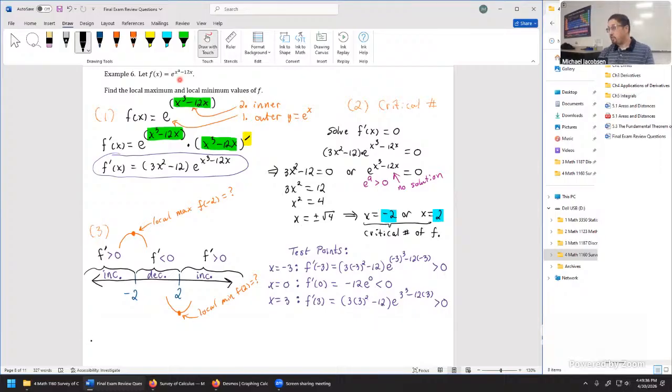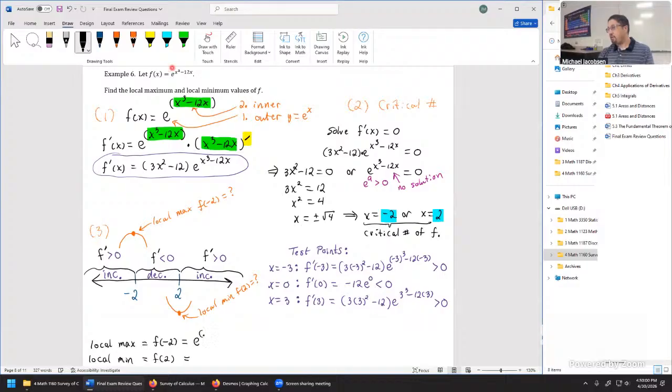We need to say that the local max is equal to f at -2, get a value for that, local min, equals f at +2, get a value out for that. So if it's -2, we're plugging it in right up here.